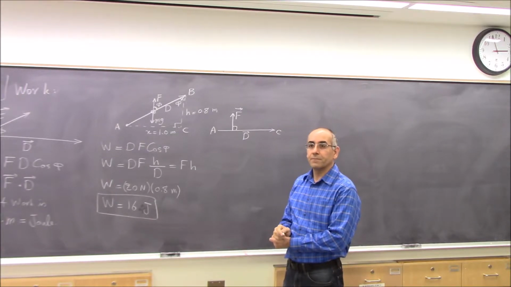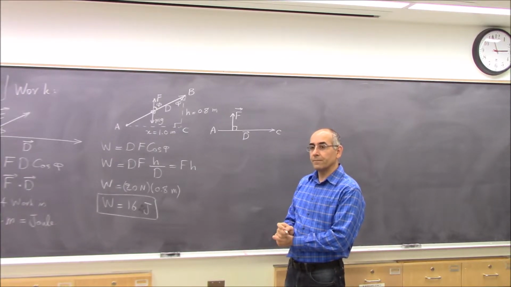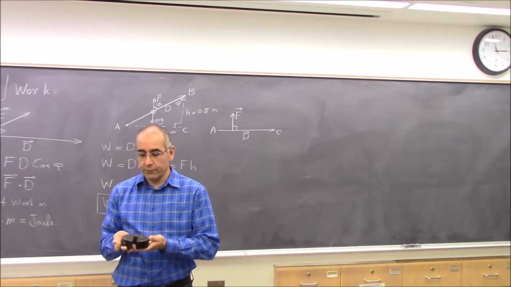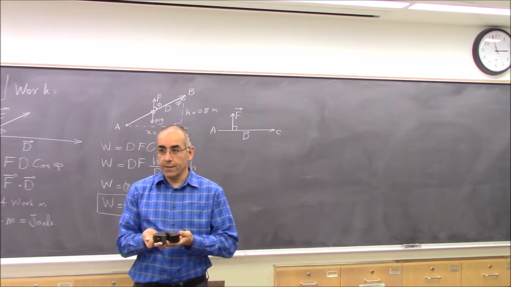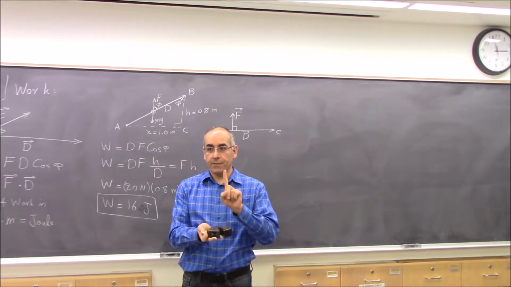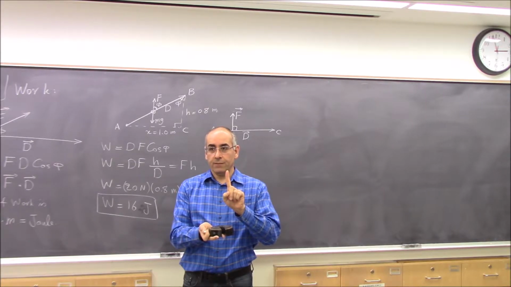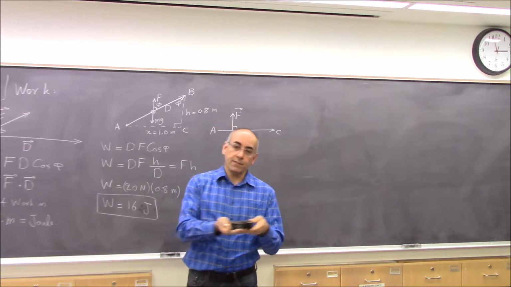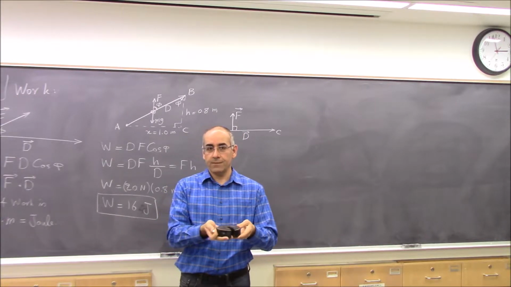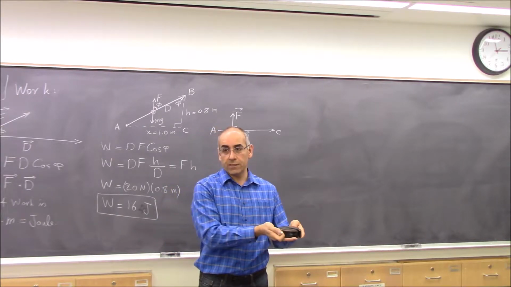So the situation is, we're moving it. You see, I'm moving it very slowly this way. But the force that I'm applying while moving this is up, right? I'm not applying force this way because it doesn't accelerate this way. I'm going slowly, at constant small speed, right?